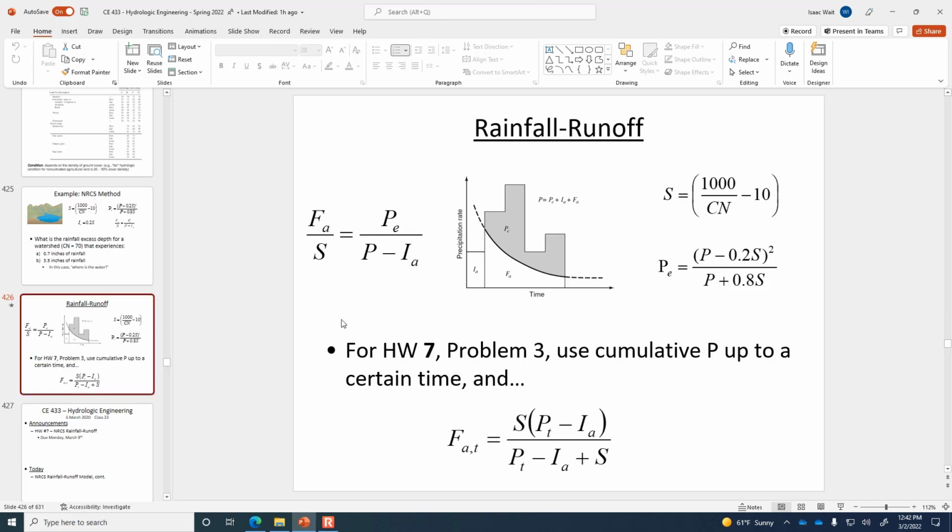So if we were to take this rainfall hydrograph as an example, then we can find out how much precipitation there's been up to a certain point in the storm by putting it into this formula. And that's what that question asks you to predict. Remember, F is the infiltration amount.